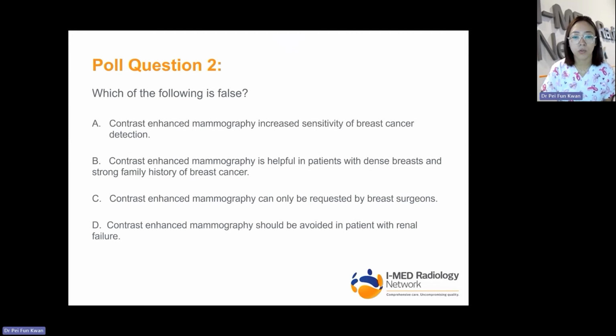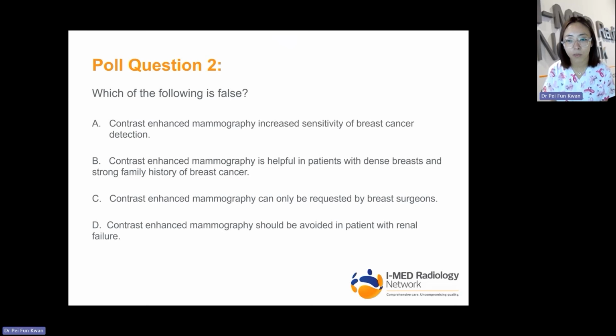Okay, I'm sure you know the answer is C, because there is no Medicare rebate because of limited services around the country. It is often reserved for breast surgeons. However, if you have a patient with dense breasts and strong family history of breast cancer that you think is important to exclude breast cancer, you could request contrast enhanced mammography.